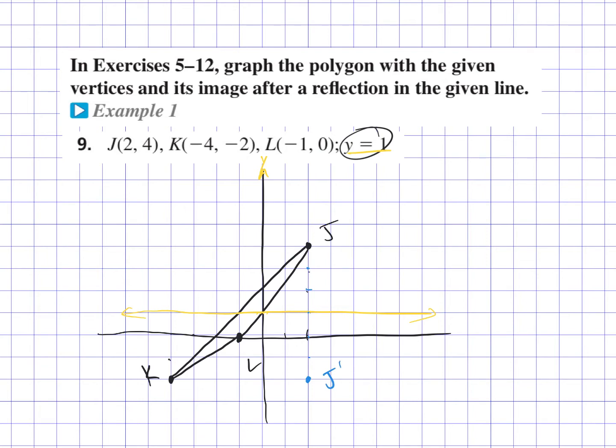And L is 1 unit away, so L prime is going to be 1 unit on the other side. And K is 1, 2, 3, so K prime is 1, 2, 3 units on the other side. So again, it's kind of hard to draw because it's so flat. It's best to use a straight edge. But there you go. It's reflected over y equals 1.